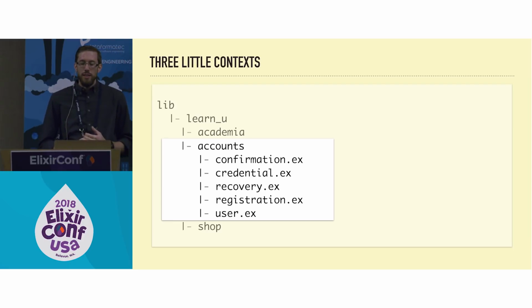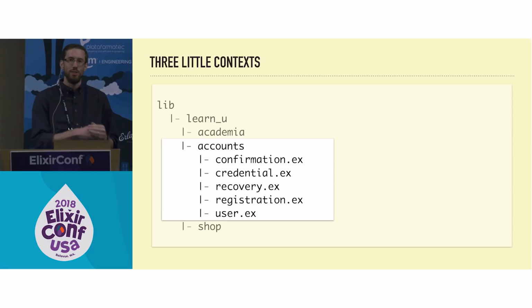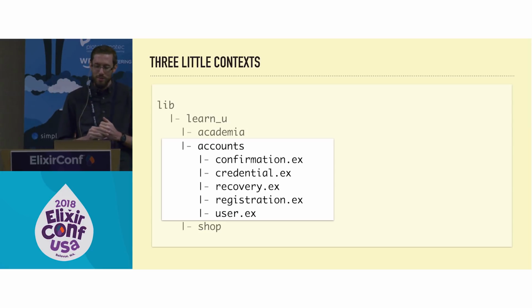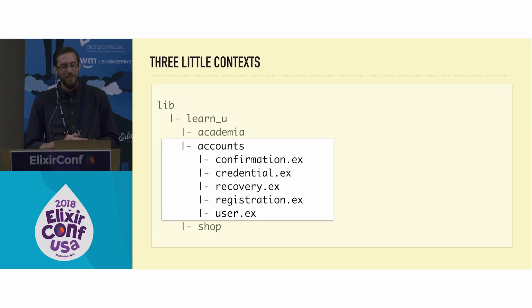The account management context groups the functionality around users having an account on LearnU. It includes some of the domain models that I shared earlier, such as an account, credentials, registration. The eagle-eyed among you may have noticed that I was already nesting some of my previous examples under an accounts context, so if you did, crisp high five to you.